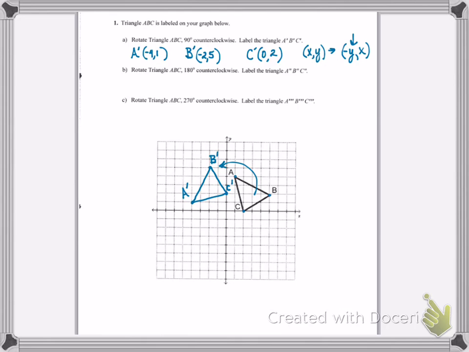So now we're going to rotate the triangle ABC 180 degrees counterclockwise. So for part B, we're going to take the original triangle ABC, which I wrote the ordered pairs in red at the top of the paper, and we're going to rotate it 180 degrees. The rule for 180, clockwise or counterclockwise, is to take the ordered pair and take the opposite of the x and the opposite of the y, but they stay in the same spot, x first, y second.